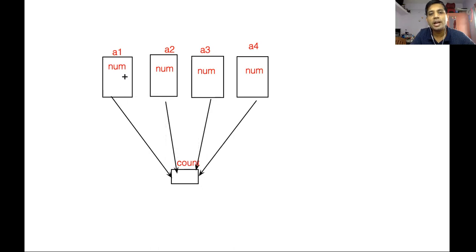So if A1 has updated the value of count to 5, then all the remaining objects get that count value as 5. If A4 has updated the count variable to 10, then all the remaining objects will get the count value as 10. So that count variable is my shared variable, shared by all the objects.